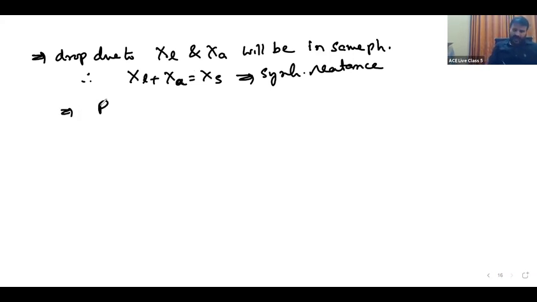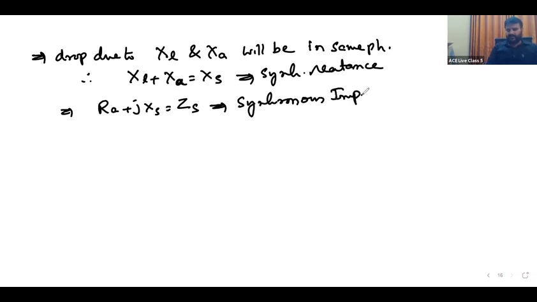Similarly, RA plus jXS is called what? ZS. This is said to be synchronous impedance, the impedance of the synchronous machine.